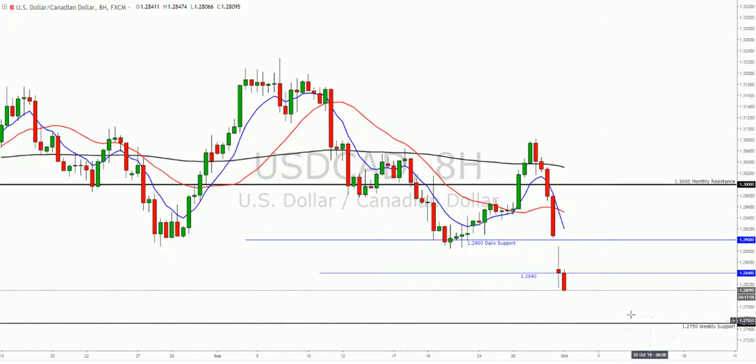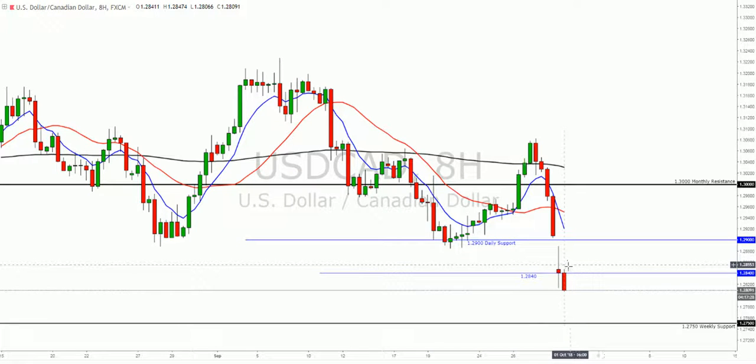Ultimately, it's always been this weekly support level. Price gapped pretty much straight to that level. It retraced and closed the spinning top this morning, which would suggest that we were coming upside, potentially to tap this 1.2900 daily level, which has now turned to resistance.